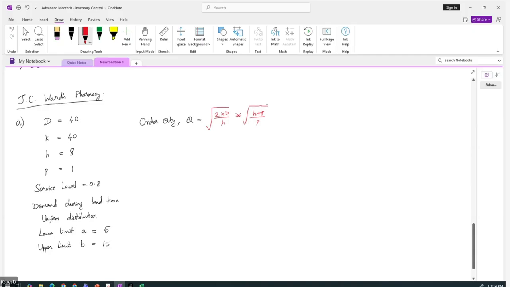Substitute the values. 2, K is 40, D is also 40, divided by 8, into 8 plus 1 divided by 1. If you do the math, Q will be 60.